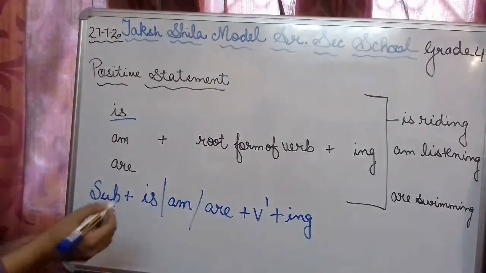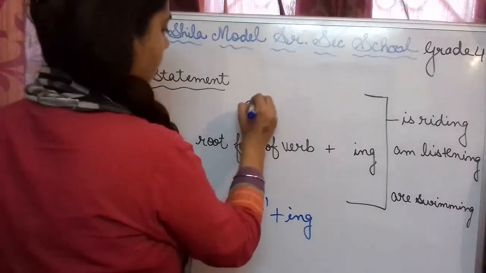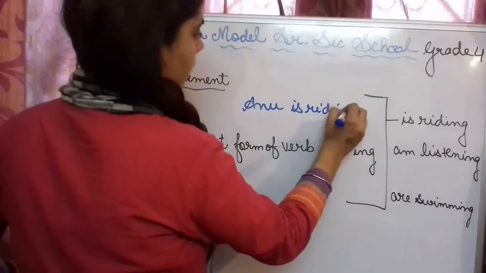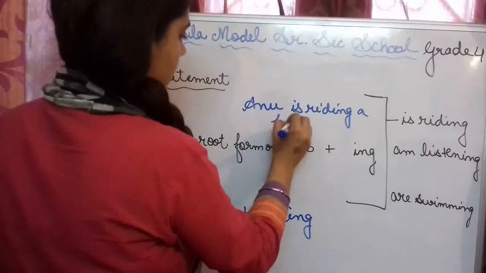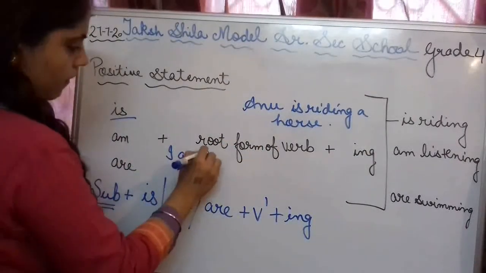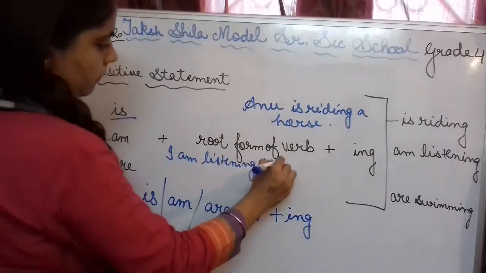Like we can take an example. Here we can take: Anu is riding a horse. I am listening to music.